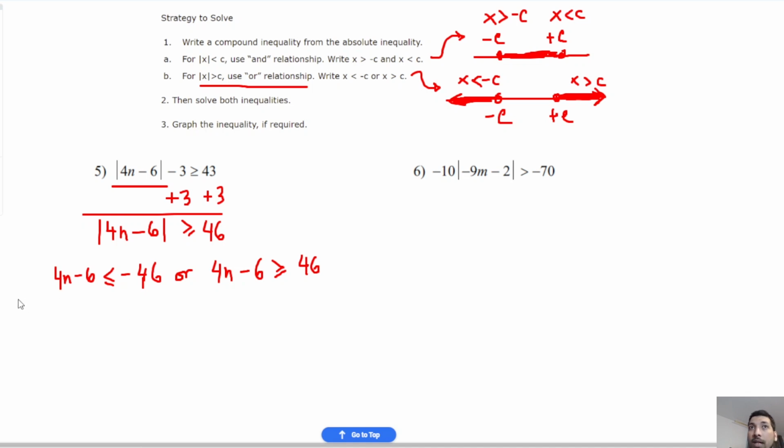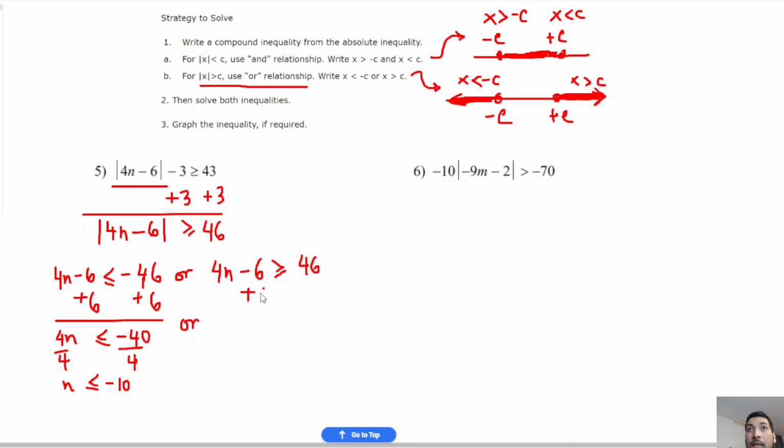Now just solve for this variable. So here we just add 6 on both sides. If we add 6 on both sides, we get 4n less than or equal to negative 46 plus 6, that is negative 40. We divide both sides by 4. We get n less than or equal to negative 10. Or we have this inequality right here.